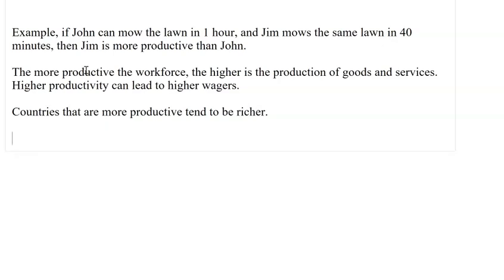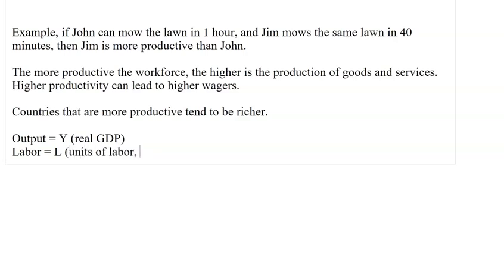And normally we measure it this way: my output we denote by the letter Y, or we also call it real GDP, and my labor is L. Now, labor can be units of labor, so individuals, or it could be hours of labor. Some books use units of labor, and some say hours provided.